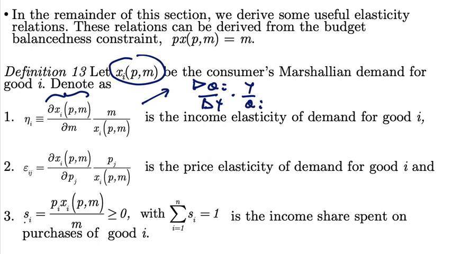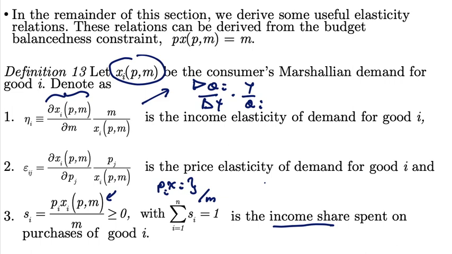Now let's look at number 3, Si. Si is the income share spent on purchases of good i. You see the numerator is Pi times xi, the price of i times the quantity of good i. This is the total expenditure spent on good i divided by income.